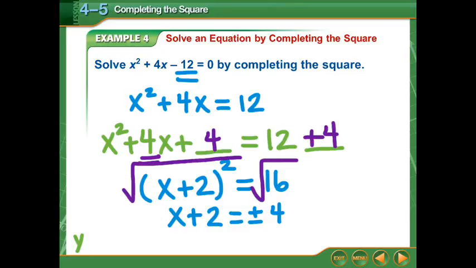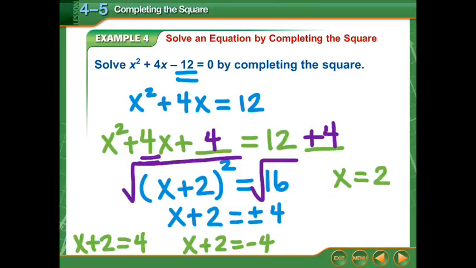So I'm going to take x plus 2 equal to positive 4 and solve, and then x plus 2 equal to negative 4 and solve. For the first equation, when I subtract 2 from 4, x is going to equal 2. And for the second equation, when I subtract 2 from negative 4, x is going to equal negative 6.